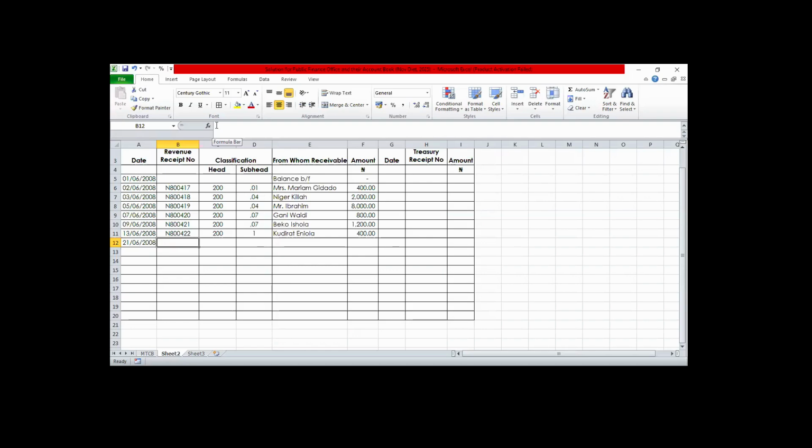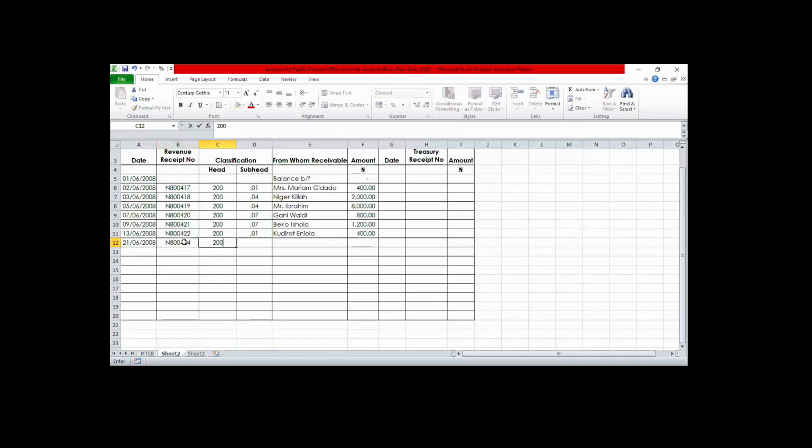Now, you were told that a receipt was cancelled. Can you still remember? Yes, sir. What's the number of the receipt that was cancelled? N800-423. Which means we are not going to issue that one. We are going to go to the next receipt, N800-424. That 423 has already been cancelled.